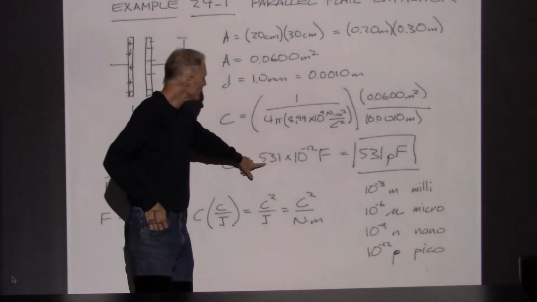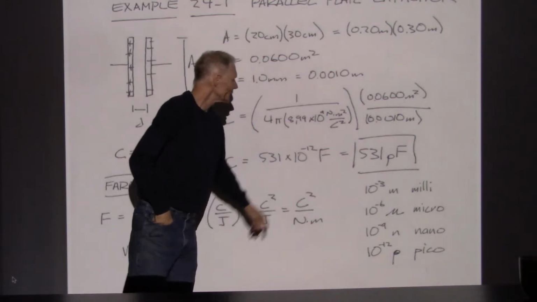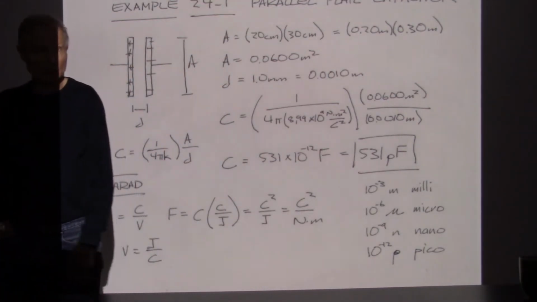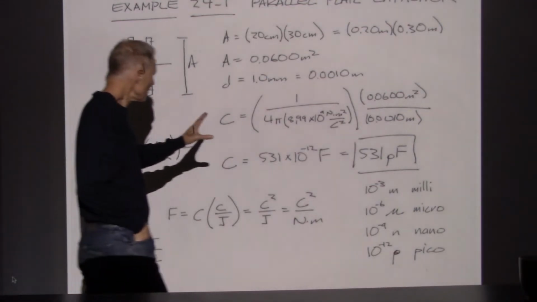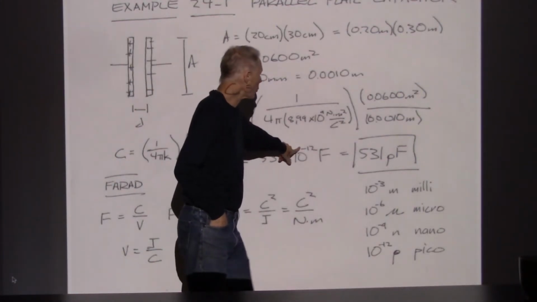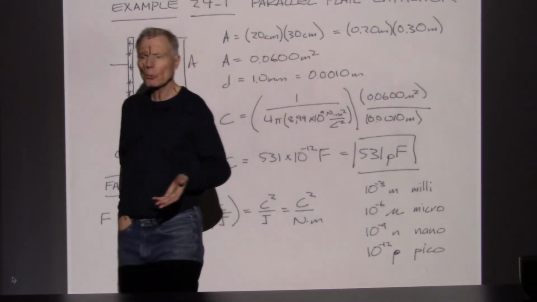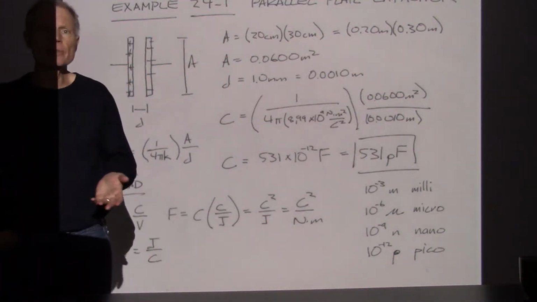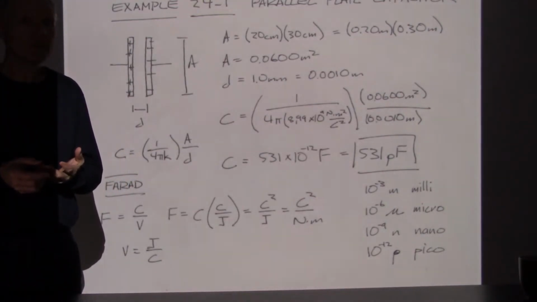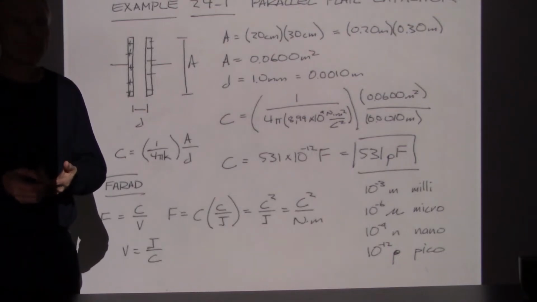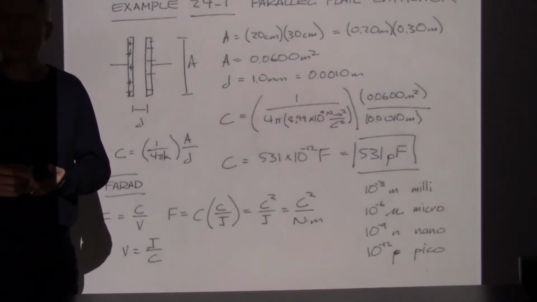I ended up with 531 times 10 to the minus 12. I have intentionally written this as 10 to the minus 12 so that I can convert into some kind of prefix. As you know, the prefixes like milli, micro, nano, and pico are all factors of 1,000.